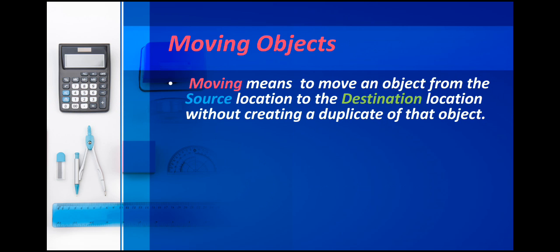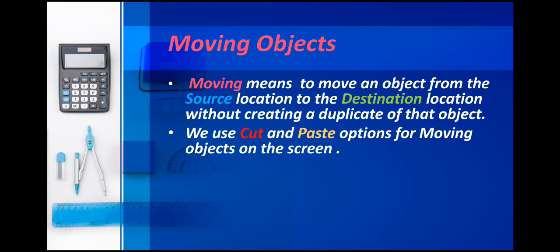Moving means to move an object. The moving option does not allow you to create a duplicate. It will erase the main picture from the source location and shift the picture to the destination location. That means you will get only one picture at the destination location. You will not get any duplicate at the source location.